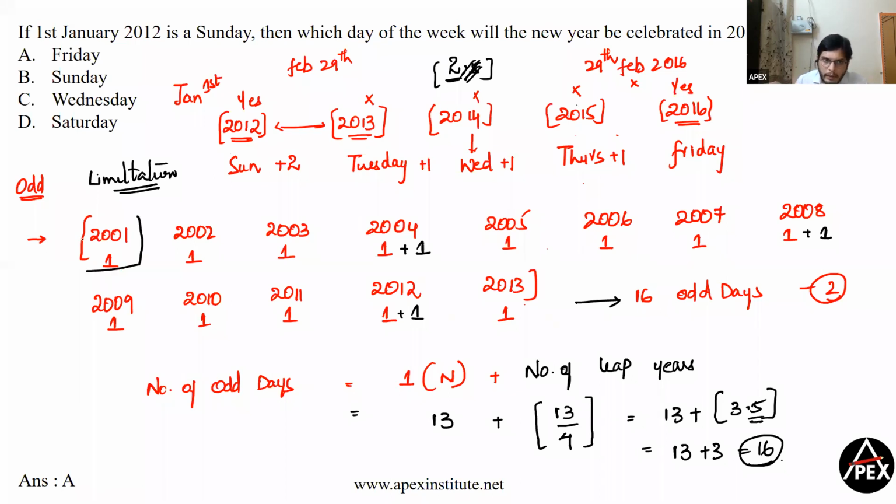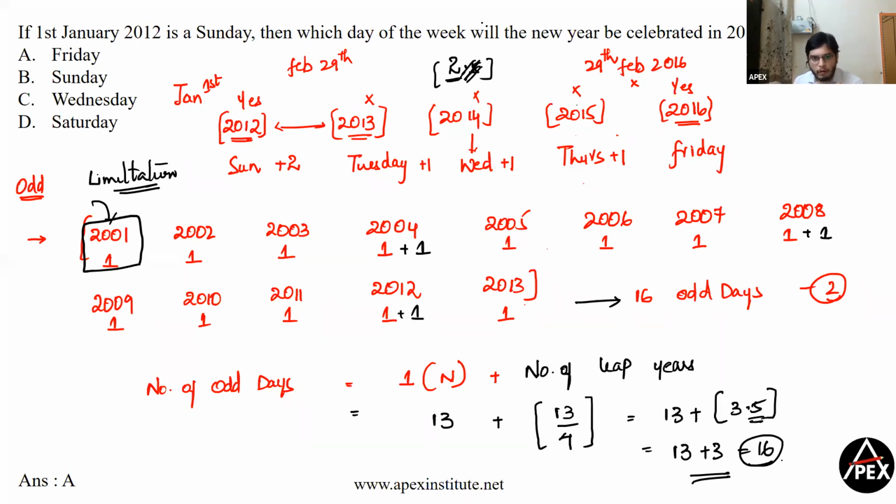The start year should be the next year to a century year, or it should be a leap year. From 2004 to 2016, there is a limitation here. The start year should be the next year to a leap year or the next year to a century year.